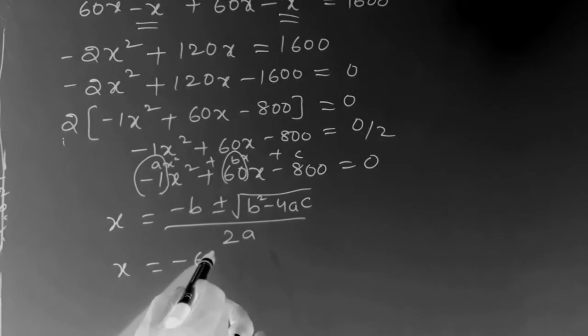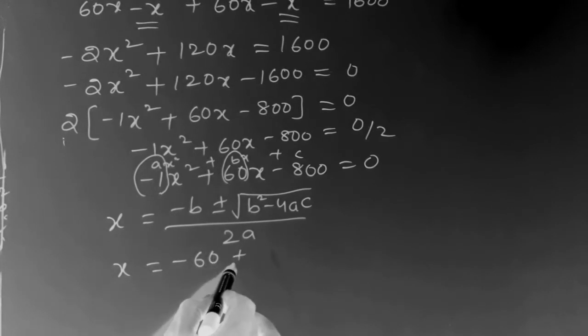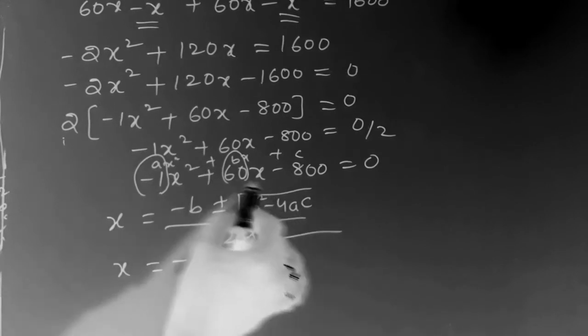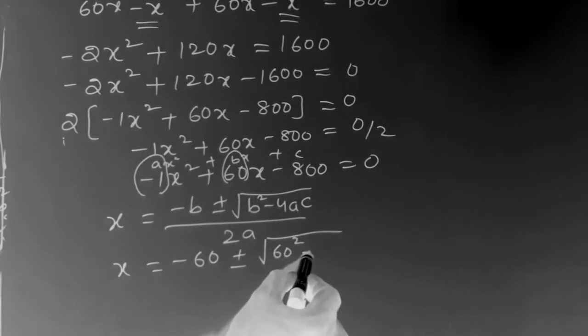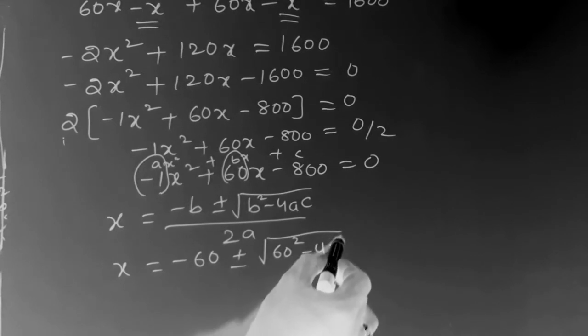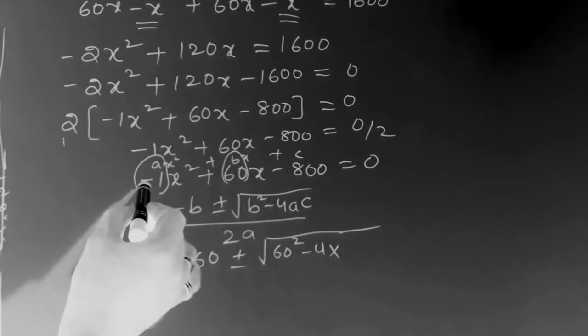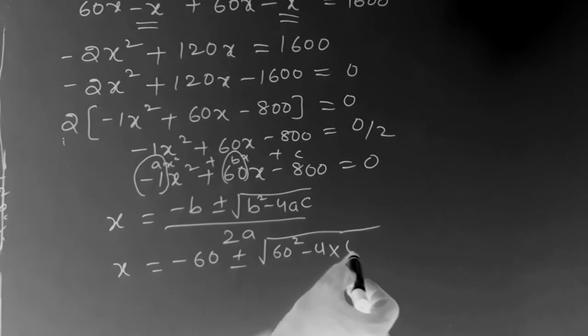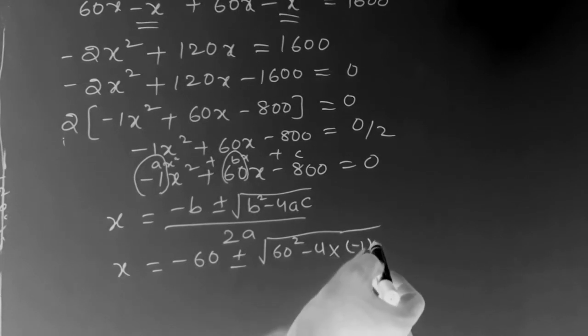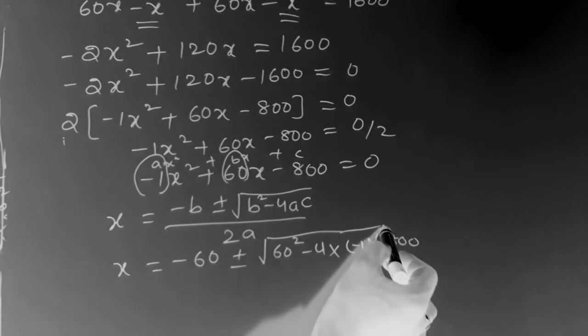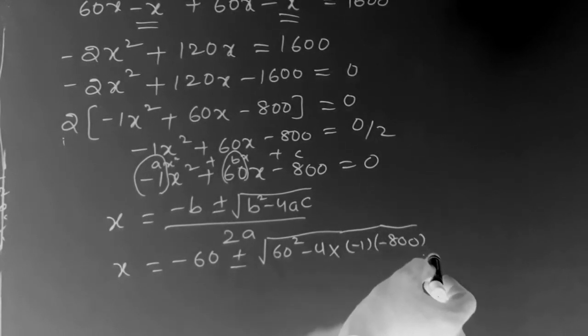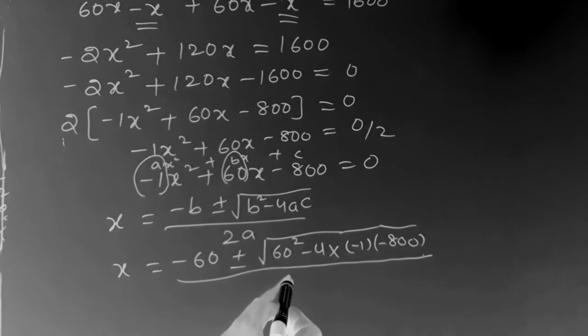Minus 60 plus or minus under root 60 square minus 4 into a, which is minus 1, into c, which is minus 800, by 2a, that is 2 into minus 1.